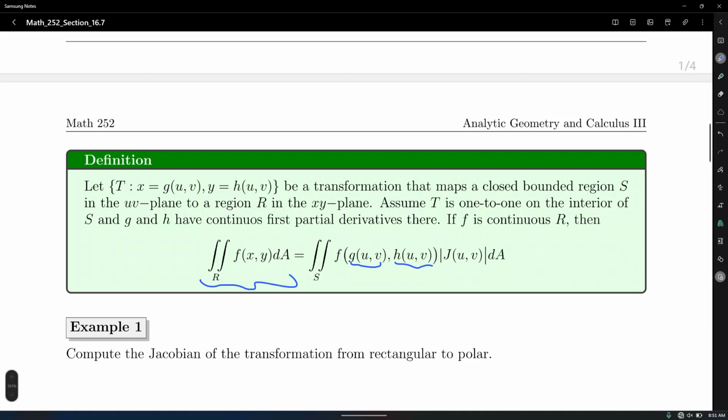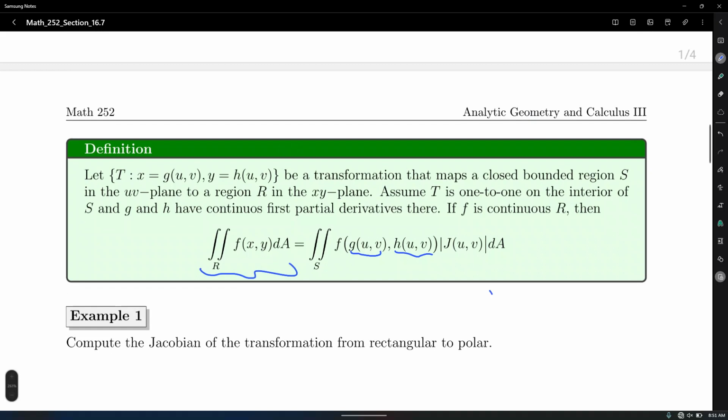You might remember, for instance, when you evaluated the integral of e to the x squared times x dx, this is a very good candidate for a u substitution, right? So u equals x squared, and du equals 2x dx.